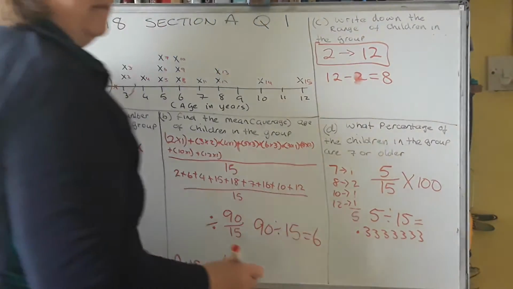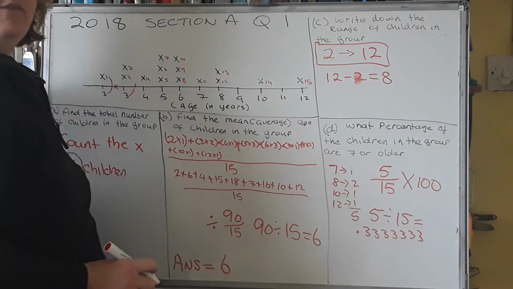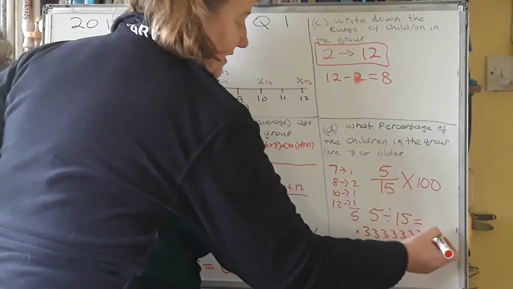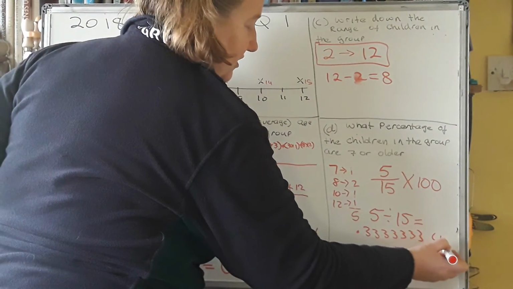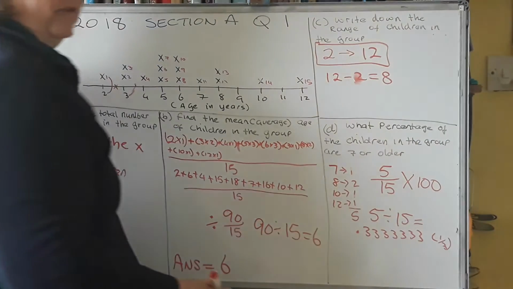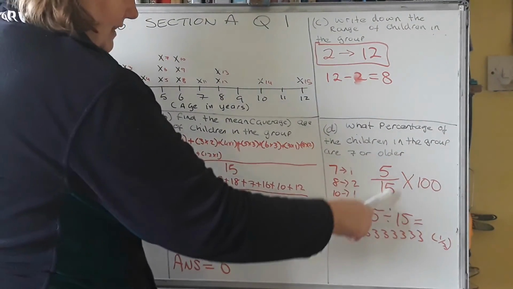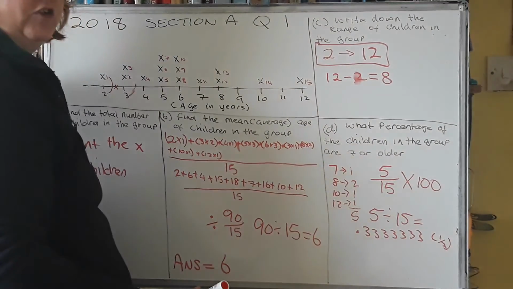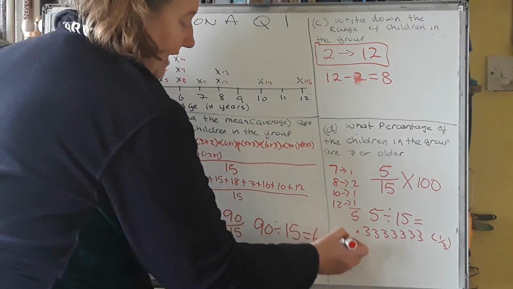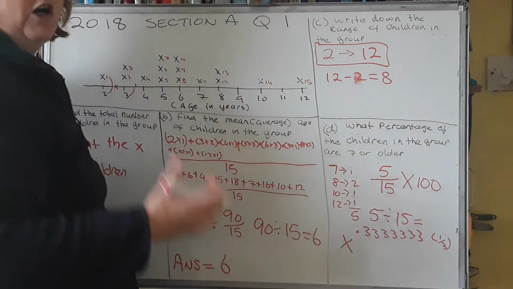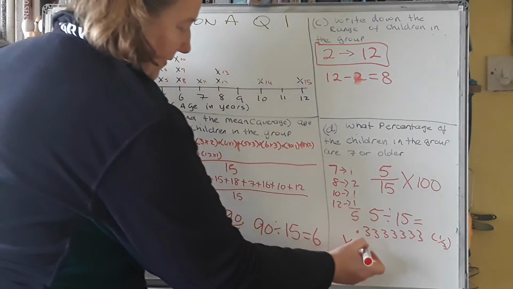Now we call that 0.3 recurring, okay? And another way of writing that is a third. But that's to get this bit, then you have to multiply it by 100 to turn it into a percentage. Anytime you're dealing with percentages, 100 always comes into the picture.